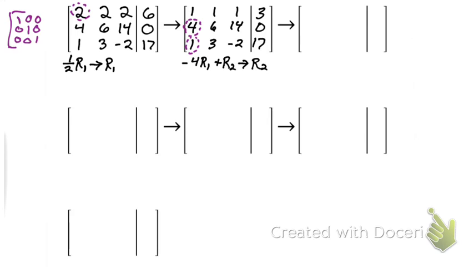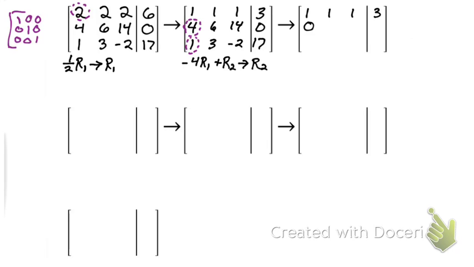Well, row 1 is going to stay the same. I didn't circle anything in row 1, so row 1 is going to stay the same. So we're still going to have 1, 1, 1, 3. Row 2 is going to change. I'm going to go -4 times 1 plus 4 equals 0. Then I'm going to do -4 times 1 plus 6.